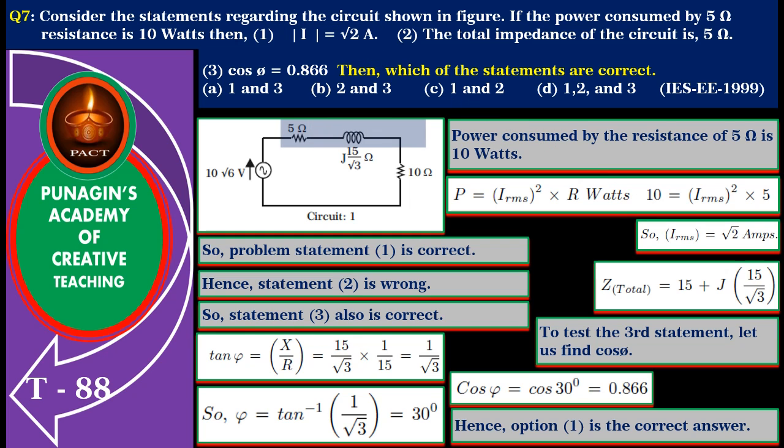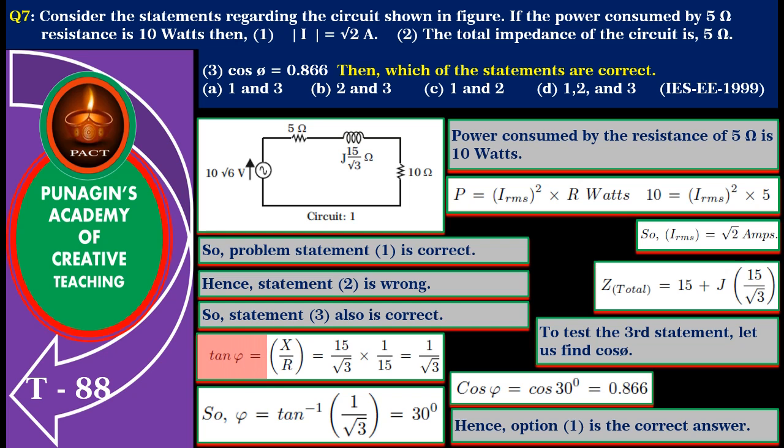By finding the total impedance of the circuit, we get Z total is equal to 15 plus j15 divided by root 3. Hence, statement 2 is wrong. To test the third statement, let us find cos phi.